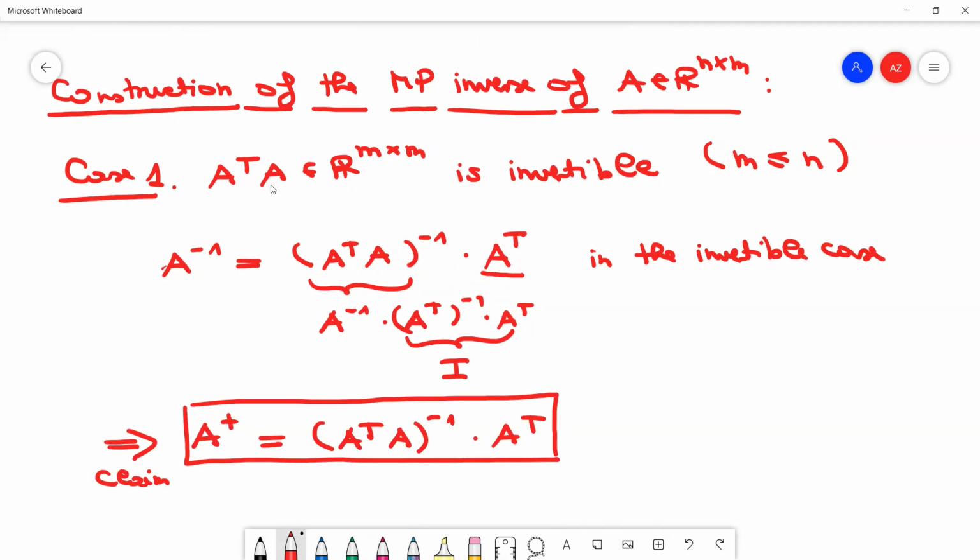If A transpose A is invertible, then the Moore-Penrose inverse of A is just the inverse of A transpose A times A transpose. And here we see the idea how to get this conjecture below.